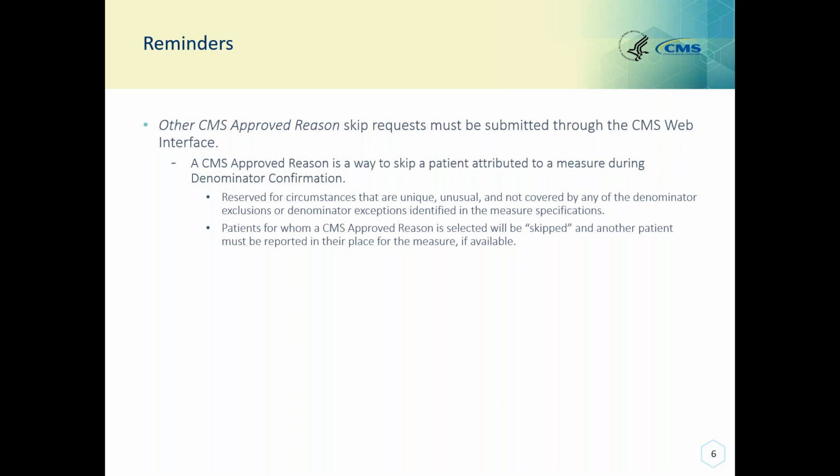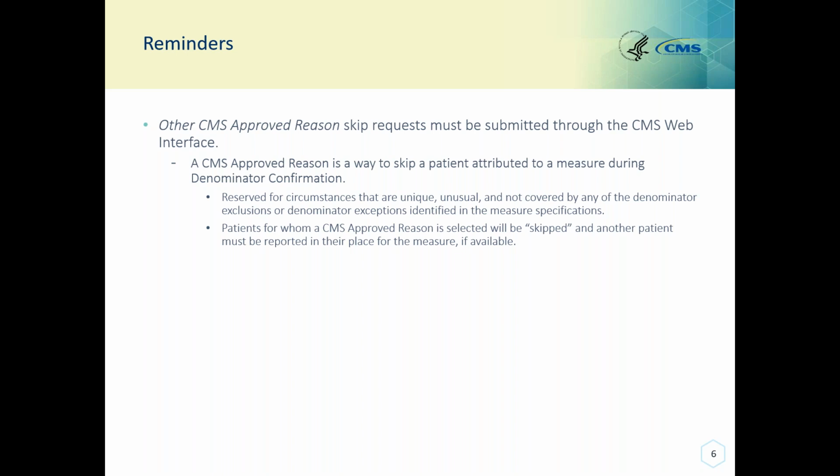This is a reminder that the other CMS approved reasons skip requests must be submitted through the CMS Web Interface. This is a way to skip patients attributed to a measure during denominator confirmation.